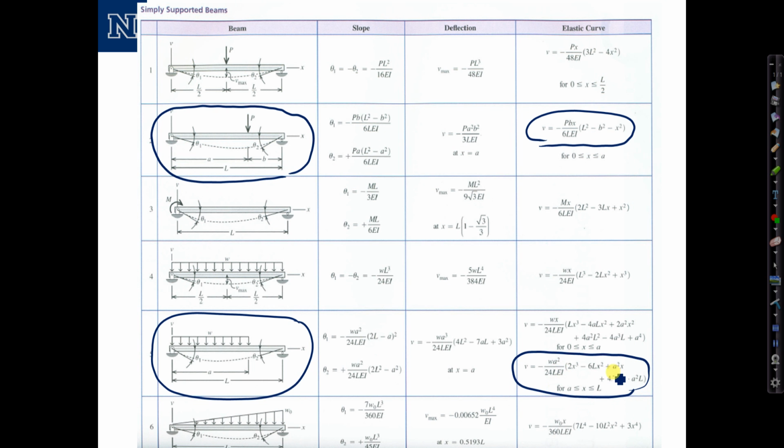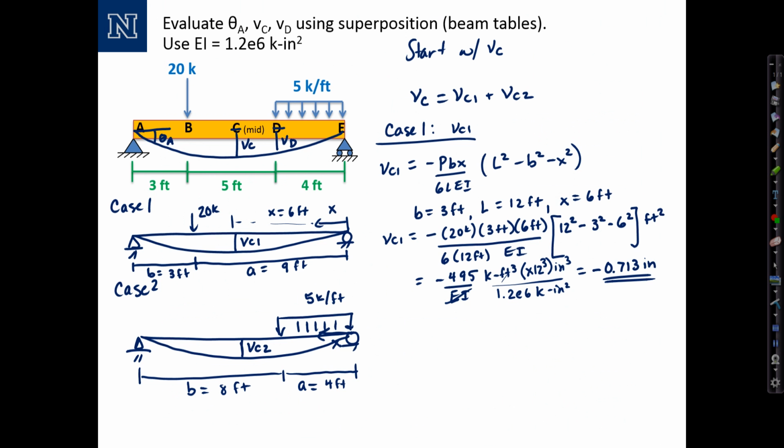Everything is in terms of a, L, and x, and that would be VC2 equals negative w a squared over 24 L EI times 2x cubed minus 6Lx squared plus a squared x plus 4L squared x minus a squared L.